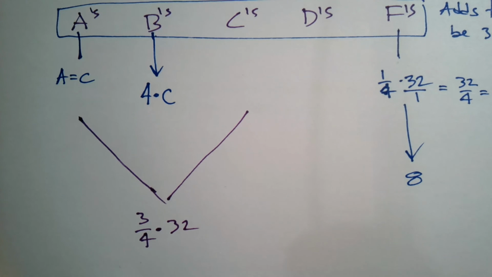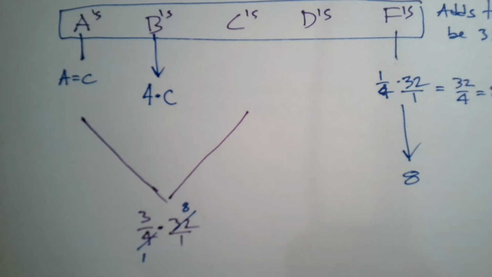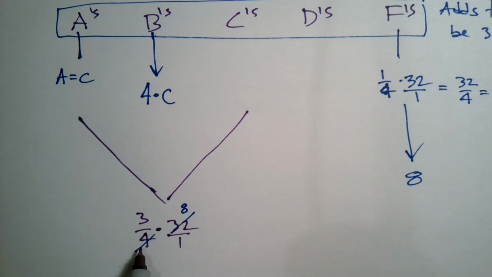Put the 32 over 1. Because you're multiplying fractions, you can cross simplify. That becomes a 1, and that becomes an 8. Then we multiply, and you get 24. So A plus B plus C has to be 24.